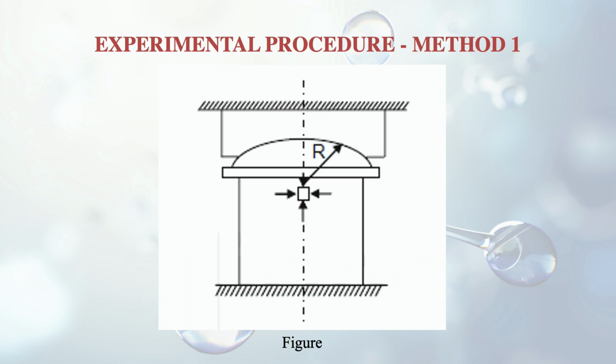This compressive stress decreases as we go along the length. Like this is the length of the specimen, and if we are moving away from the top towards the bottom, we are going along the length of that specimen. So this compressive stress goes on decreasing, but it does not vanish completely.